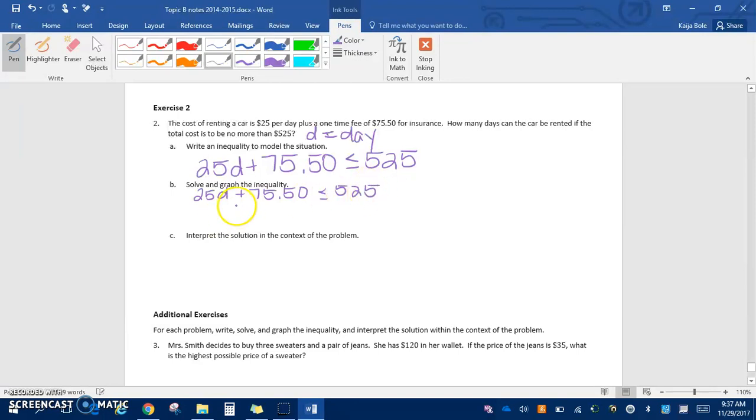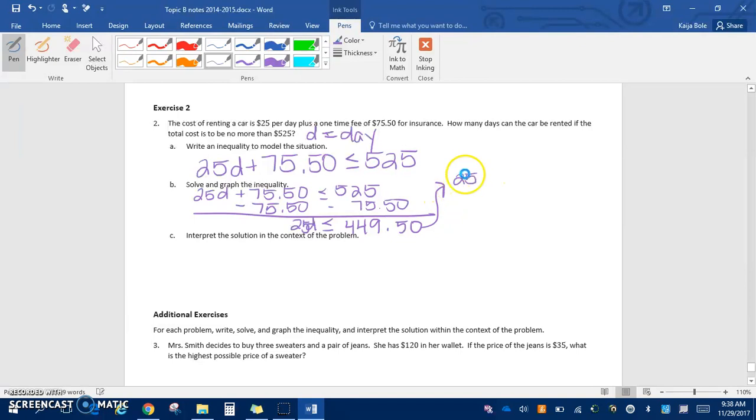So first I need to subtract 75.5 from both sides. So when I do that, I have 25D, sorry, I almost forgot the 5, so I'm going to bring this up here now.